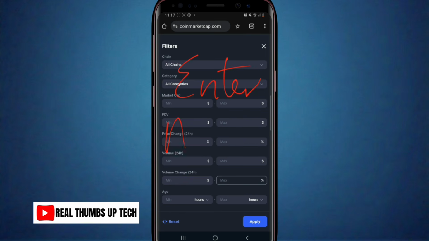And the question is, how did I get the value 33.3%? Don't forget that I said that if the rate of Mornology coin yesterday was around $1.5, and today the rate increased to $2. We are talking about the price change, and the price change can be an increase or a decrease. In this case, the formula will be the rate of today, which is $2, minus yesterday's, which is $1.5, divided by yesterday's price, which is $1.5.